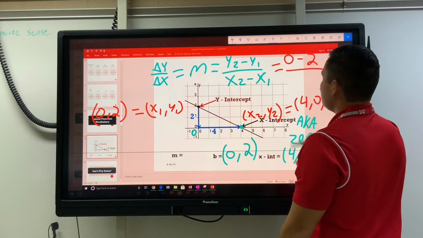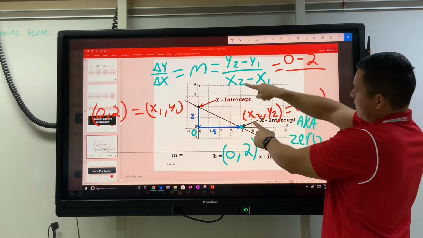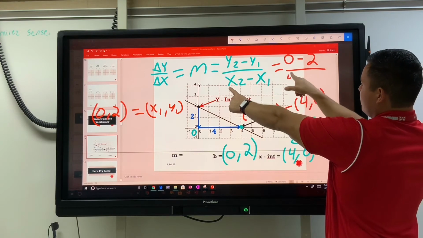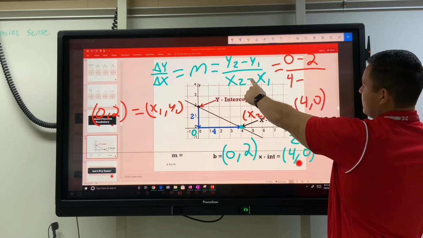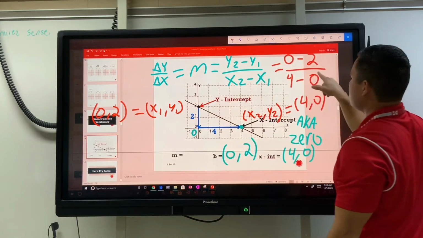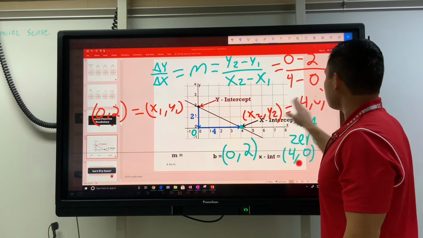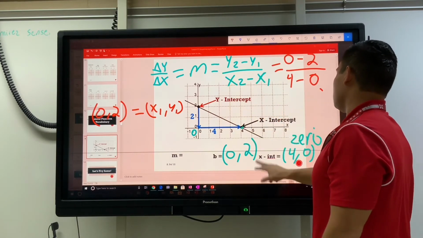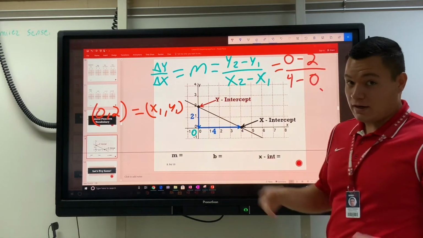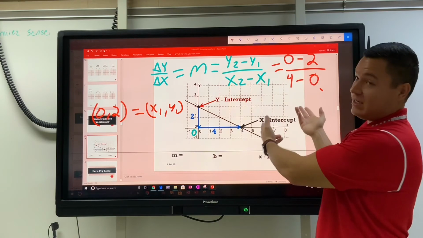We have 0 minus 2 divided by x2. x2 is 4, so we're going to put 4, and then we're going to copy the minus sign, and then we need to fill in x1, which is 0. I need some more space, so I'm going to take this off for now, and now you see why I told you that you should make this take up half of your page, because we're writing a whole lot of things in here.